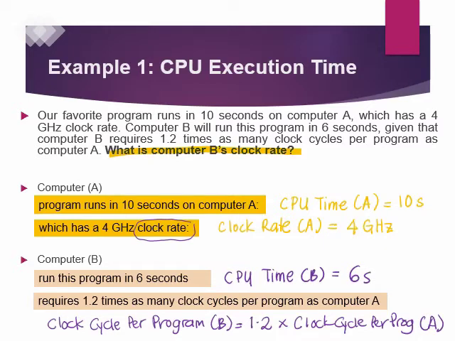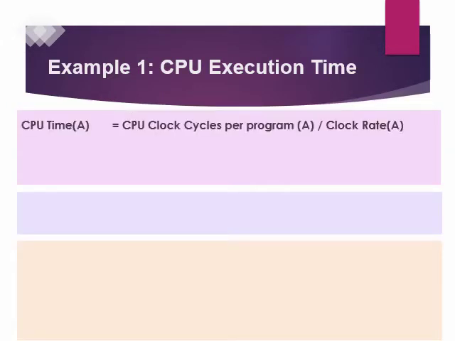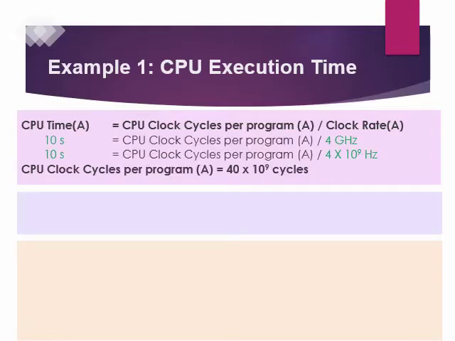So I think we can start with computer A because it's straightforward information. So let's look how to calculate this. We continue. So the first thing we need to find is the clock cycle. Right, so we use this formula, the CPU time A, but using the clock rate instead of clock cycle. So we fill up the information. CPU time is 10 seconds and clock rate is 4 gigahertz.